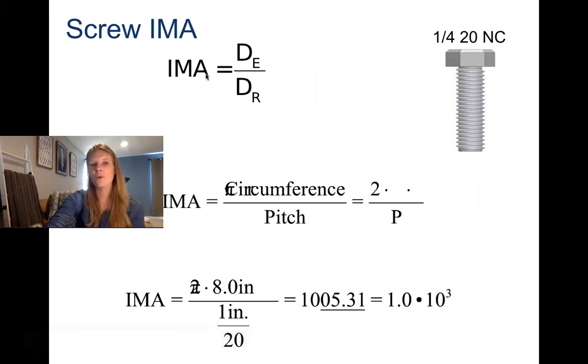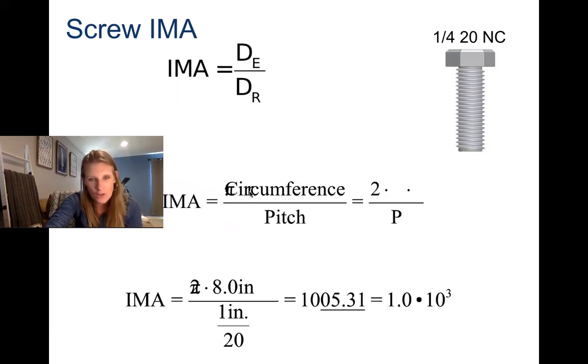The IMA formula for a screw is still IMA equals d_e over d_r. That's not going to ever change. That's for all the simple machines except for a pulley. On those, you count the strings. But on this one, IMA equals d_e over d_r. We take our distance of effort and divide by our distance of resistance. What that means for a screw is that the IMA is going to be your circumference, which equals 2 pi r, 2 times pi times r.